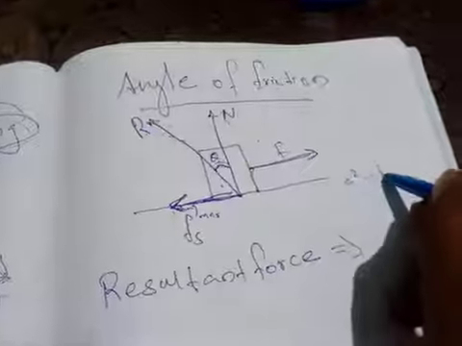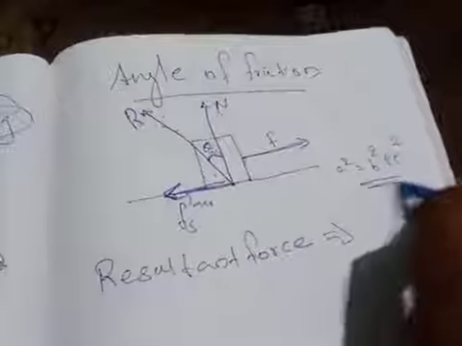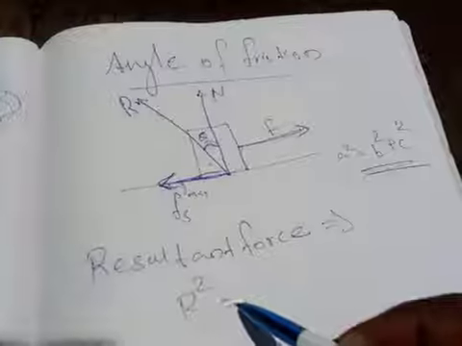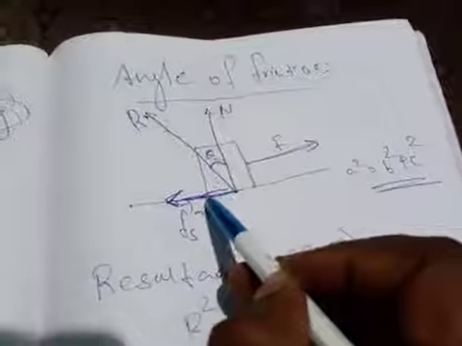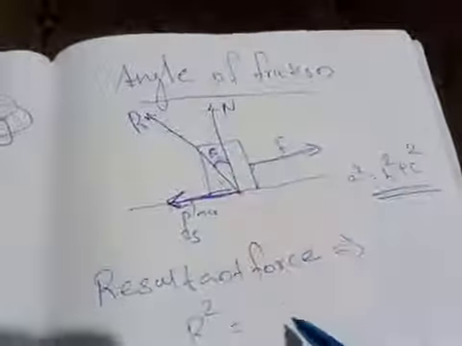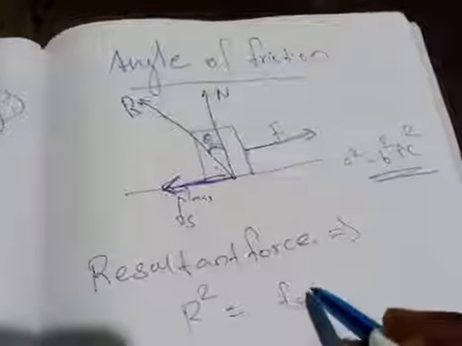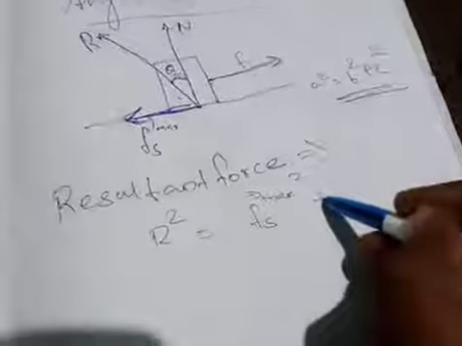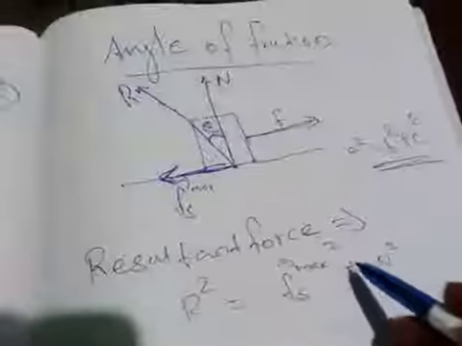So here we take R square, which is equal to this one squared plus this one squared. So R square equals Fs maximum squared plus N squared.